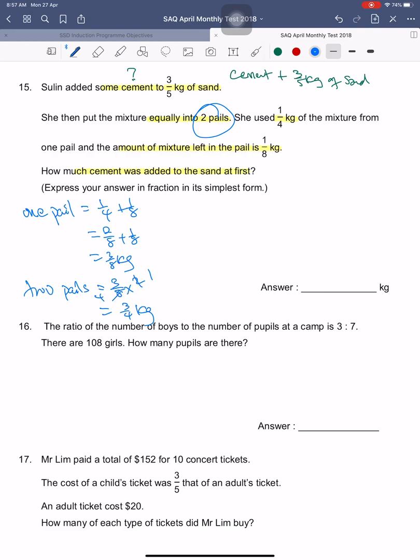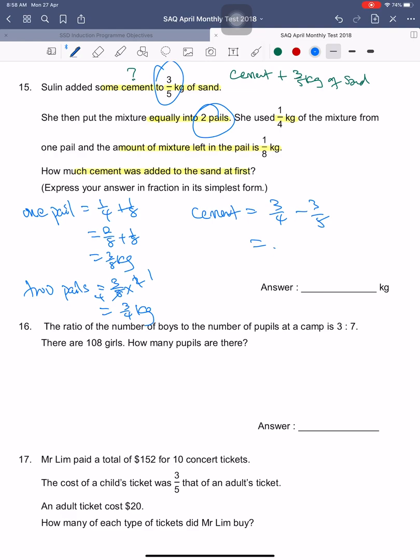Okay, so let's go back to the very first part. Remember, she added some cement to 3/5 kg of the sand. That means the amount of cement will be 3/4 minus 3/5 kg of the sand.